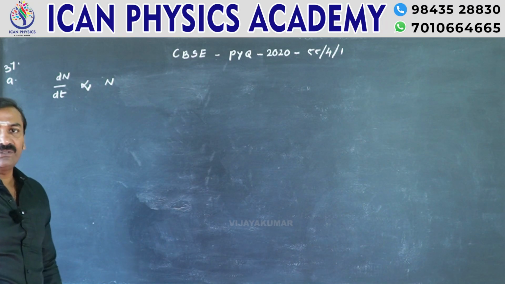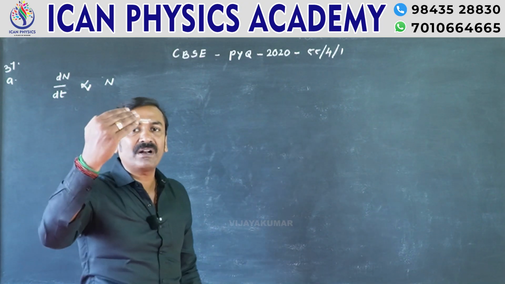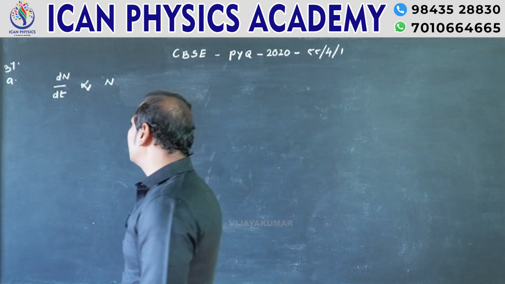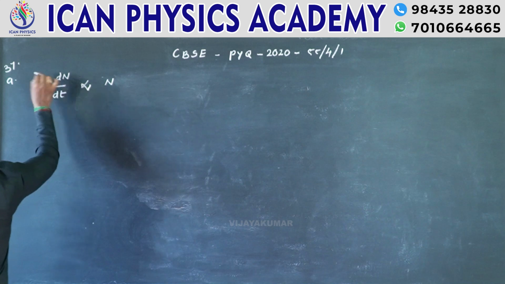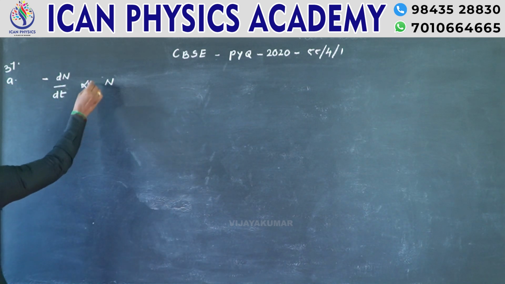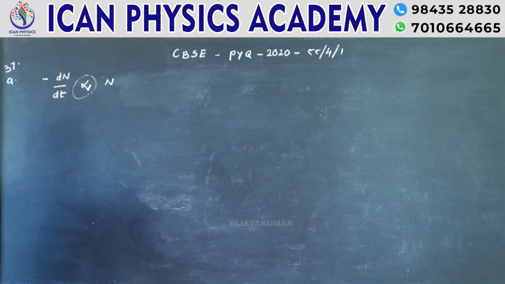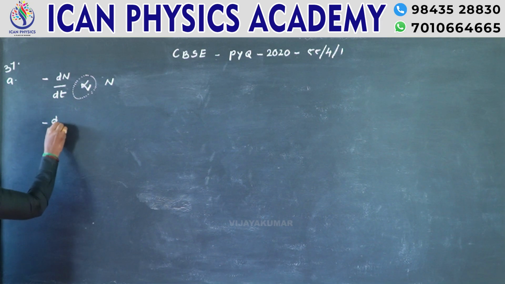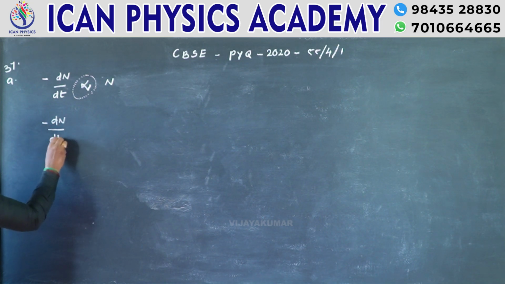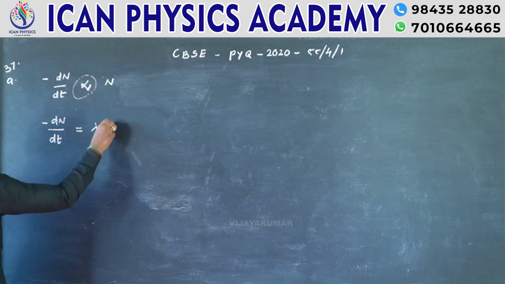Disintegration means the number of atoms decreases, so I put the minus sign. To replace the proportional sign, we add a constant. So minus dN by dt equal to lambda N.